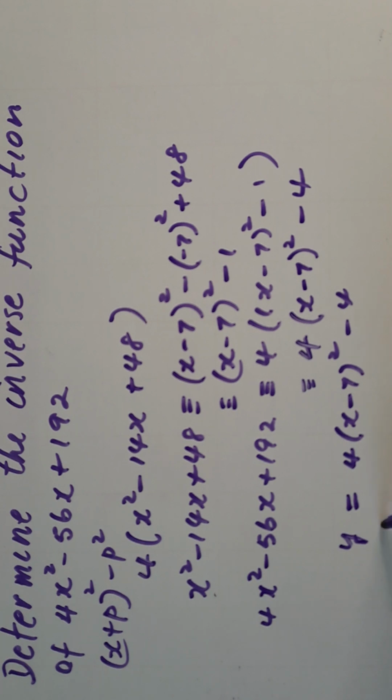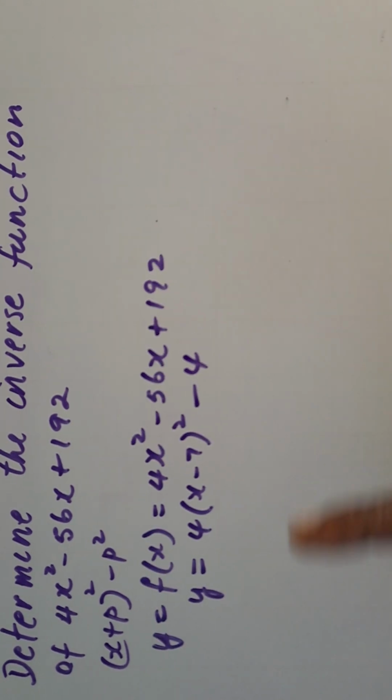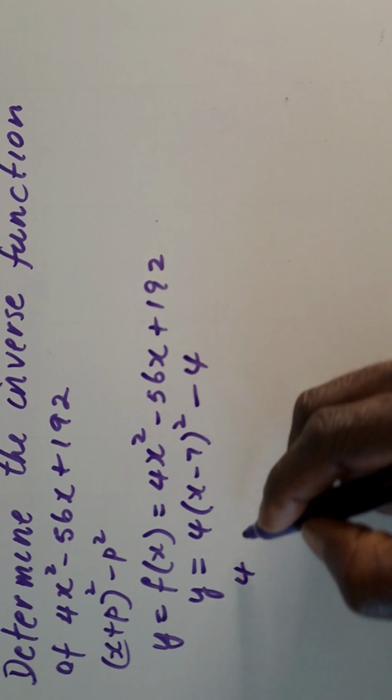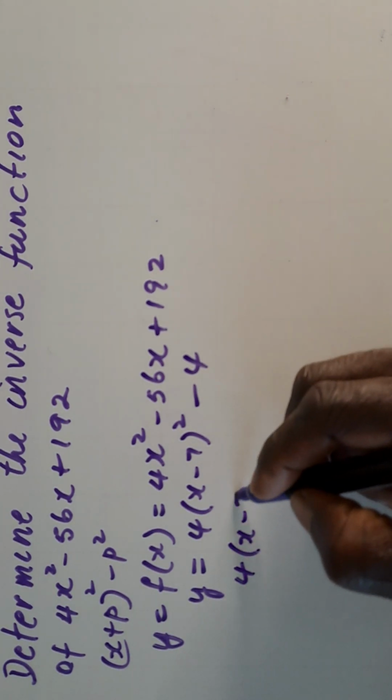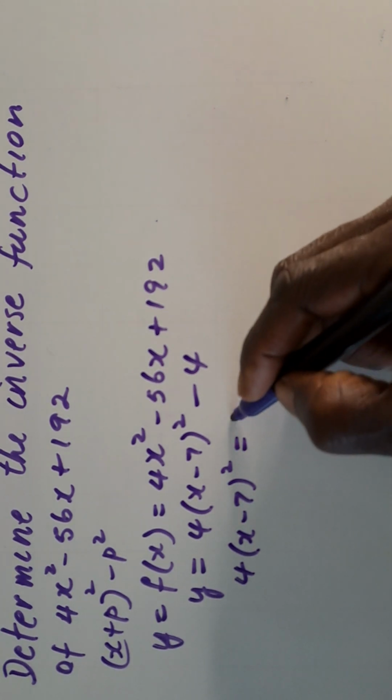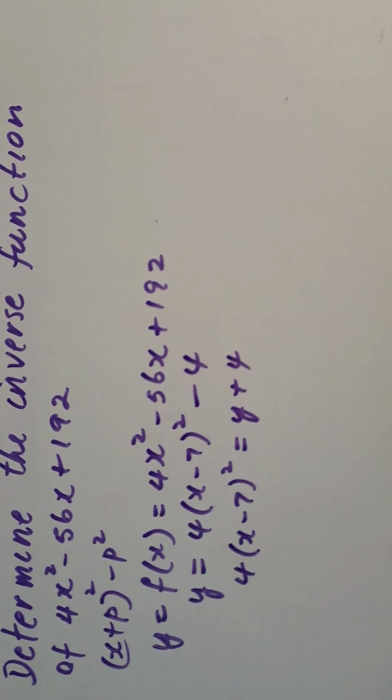So if we rearrange this, we have 4 into (x minus 7) squared is equal to y add 4.